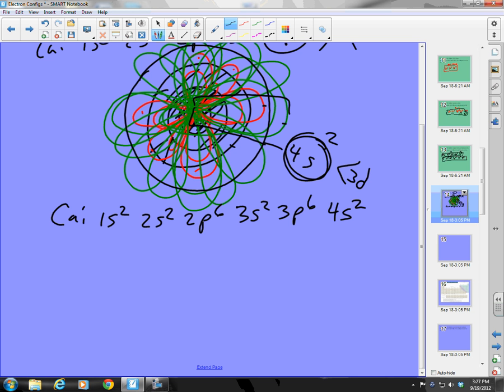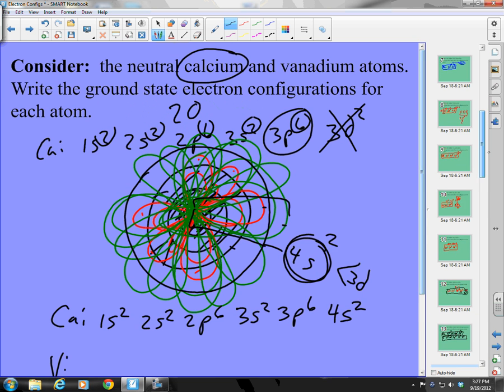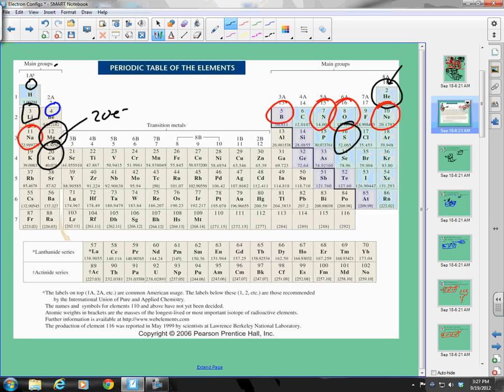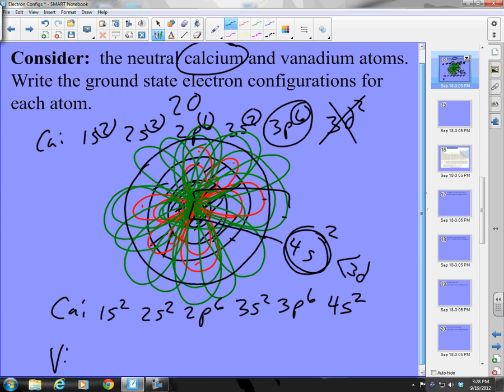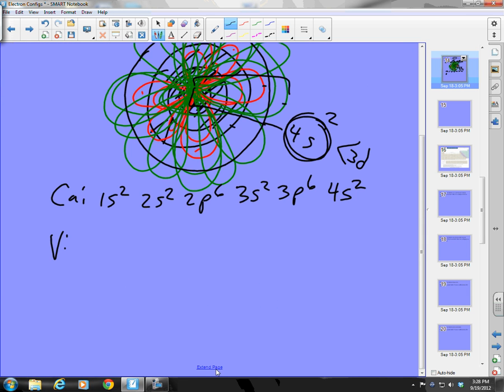So vanadium now. Let's do vanadium, and then I think we're going to call it a day. How many electrons for vanadium? Vanadium has 23. So 1s2, 2s2, 2p6, 3s2, 3p6, 4s2.